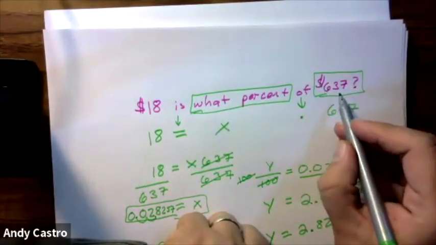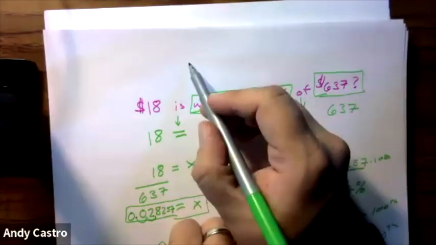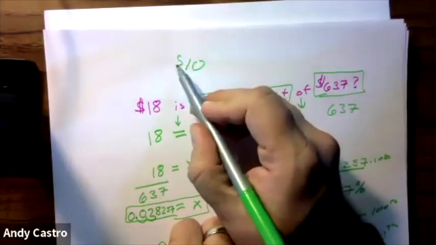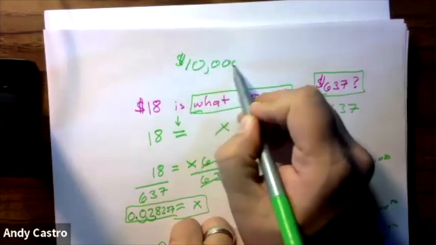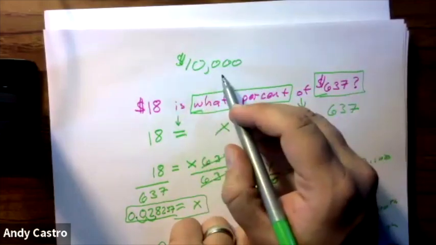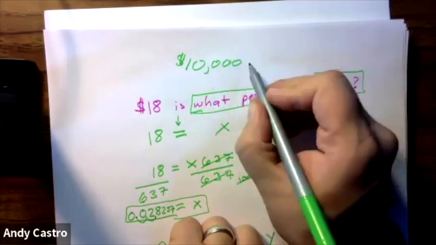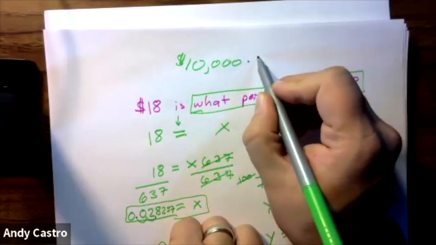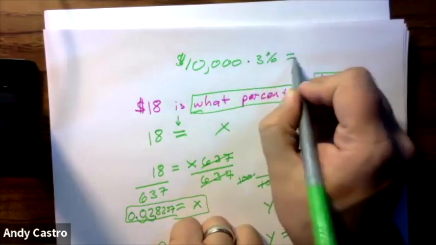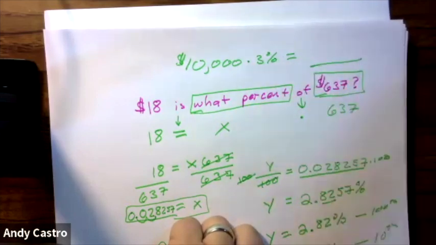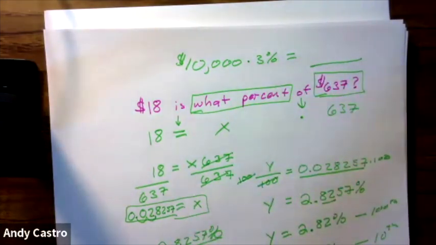So then what I can do with that is I could say, okay, well, then instead of making 637, let's say that I make 10,000, right? What's my profit going to be? If my profit is 3%, 10,000 times 3%, and then I can see how much money I'm going to make from that.